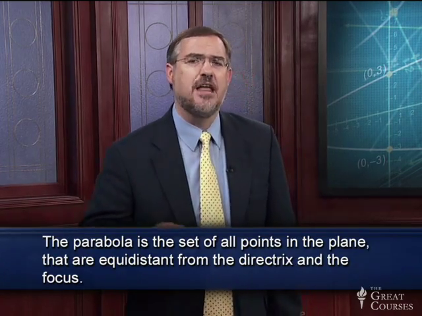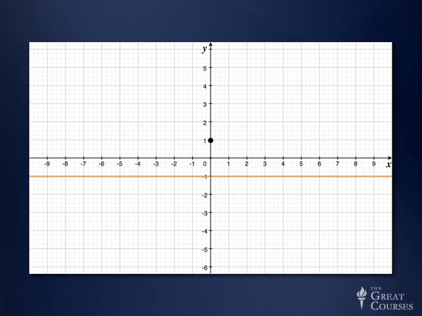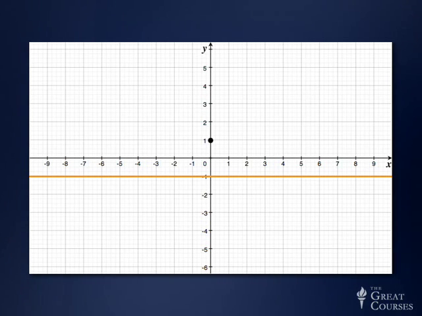So, for example, if we let the focus of a parabola be the point (0, 1), and we choose the directrix to be the horizontal line y equals -1, then the graph of the parabola, which is the set of all points that are the same distance from the focus as from that directrix, looks something like this.